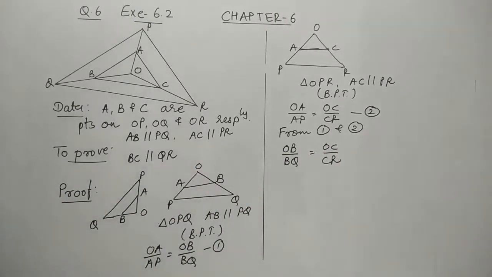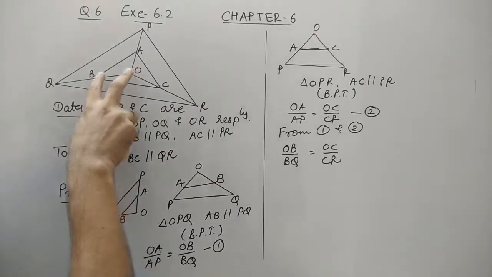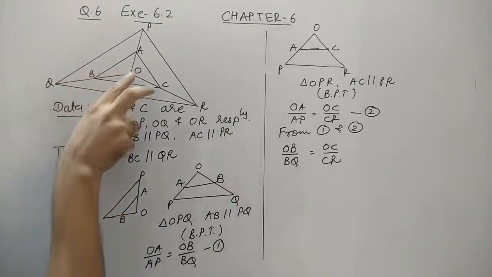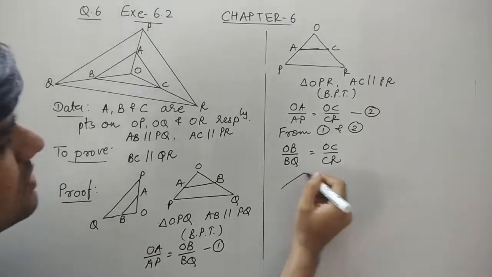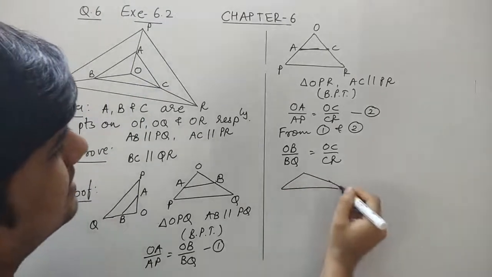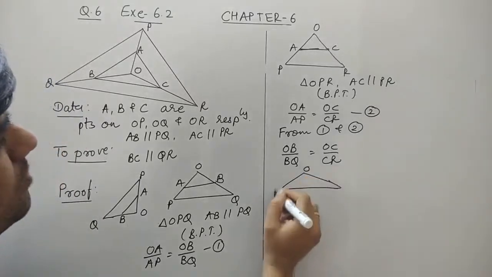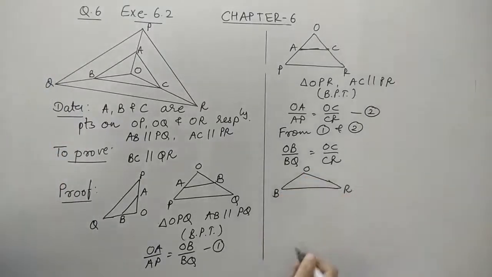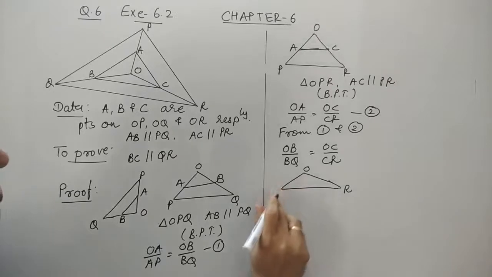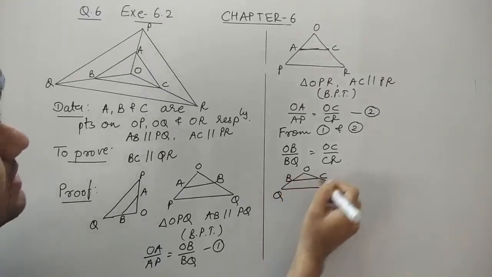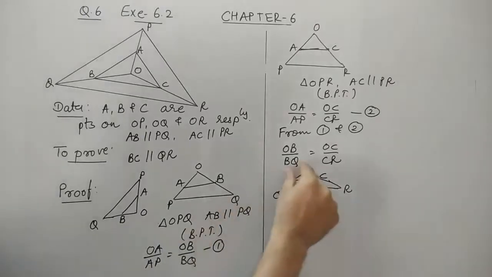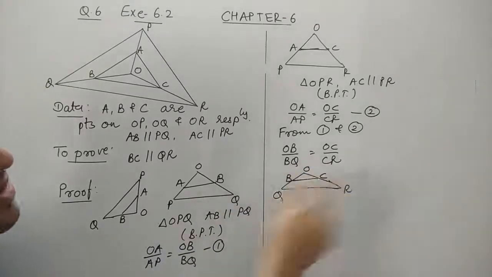Now again come to the question diagram. Now OB upon BQ, OC upon CR. So this will go for this triangle, that is triangle OQR. So look here, OB upon BQ is OC upon CR.